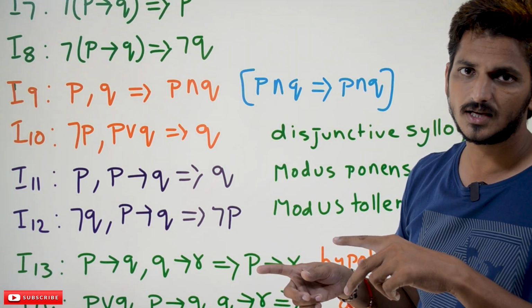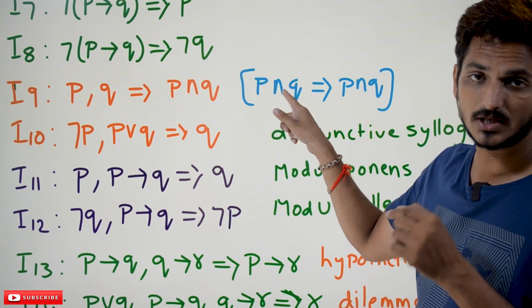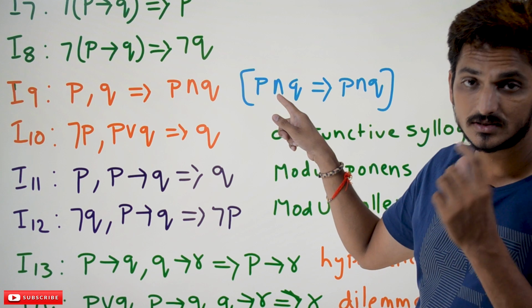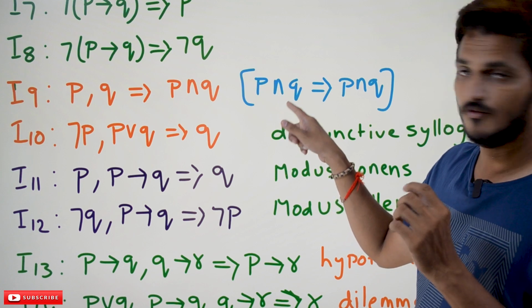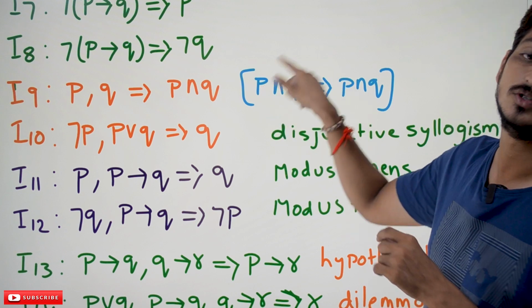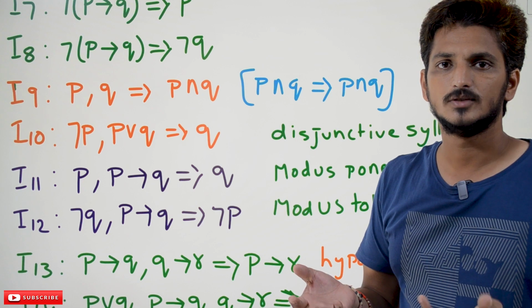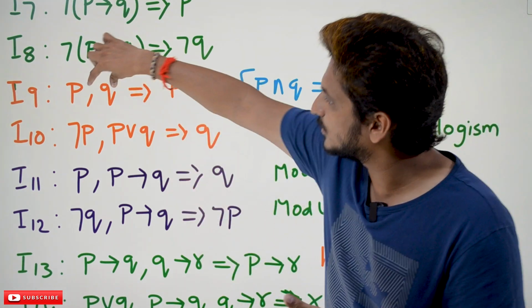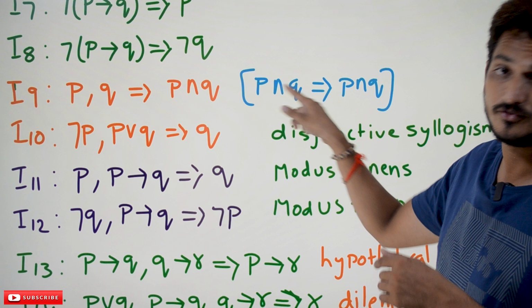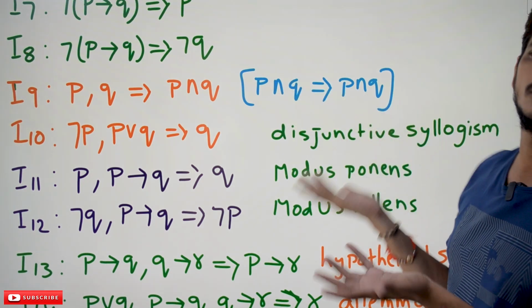This can be written as P is true and Q is true. Why are we using conjunction? Conjunction is the logic where, if both are true, then only the conjunction value is going to be a true value. So this is how we have written these two propositions, P conjunction Q. If this is a true value, this tautologically implies P conjunction Q.